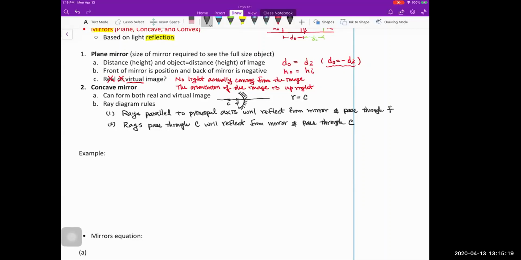You only need 2 rays to find the solution. When there is an intersection, then that is where the image is going to be.